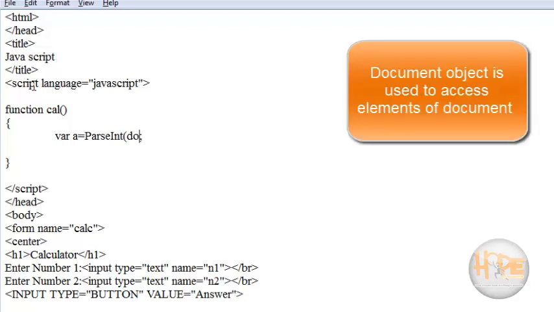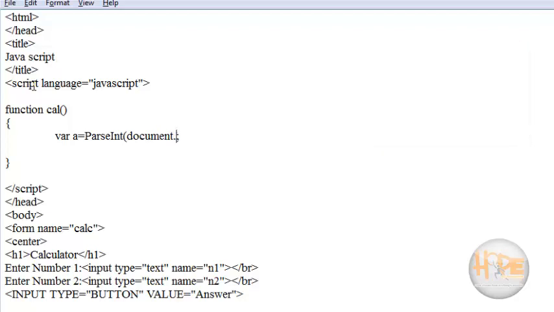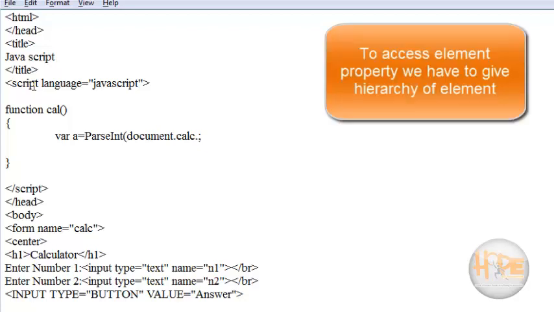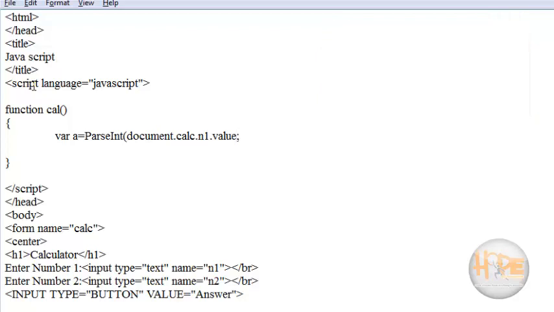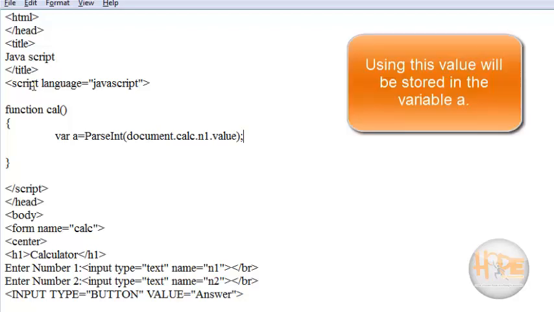And now the document object is used to access this value. In the document object, form calc. In form calc we want to access the N1 element, and the value of N1 is accessed by the property value. So now we have accessed this value and stored that value into variable a.